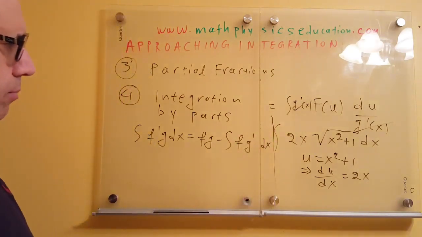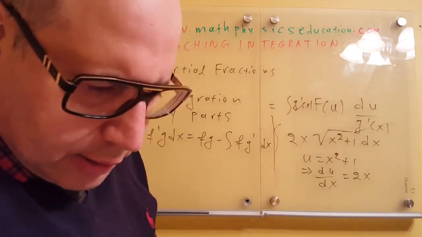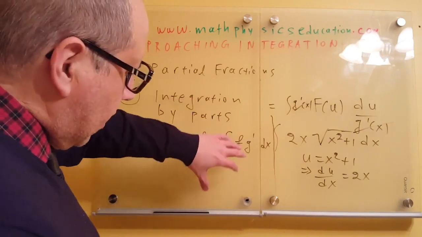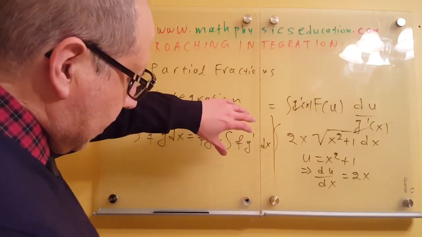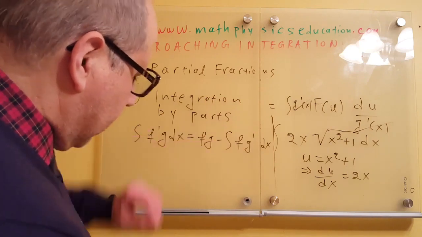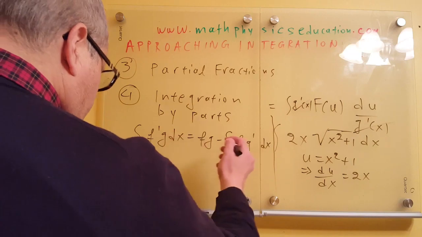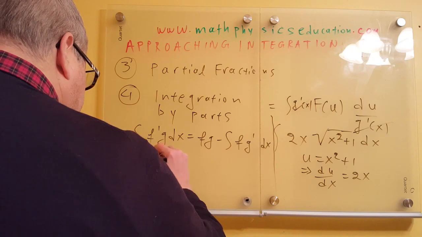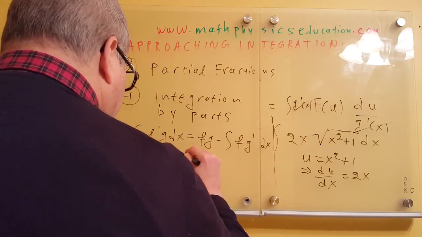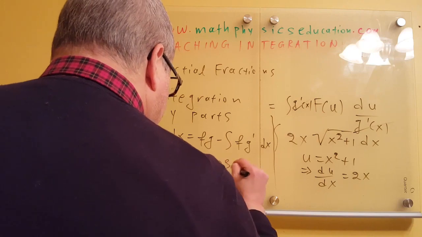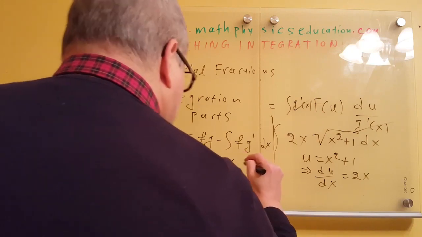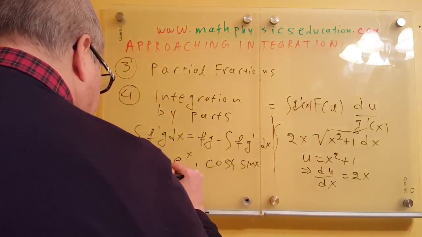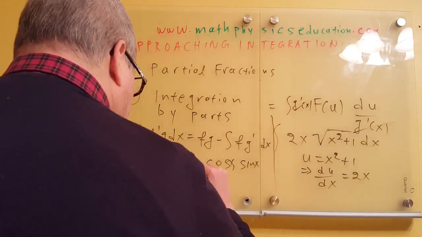So we use this when this integral here is easier than the original integral. There are some cases where it's obvious that you have to use integration by parts, which is when f prime is equal to e to the x, or cos x, or sine x, and g of x is equal to x to the n.